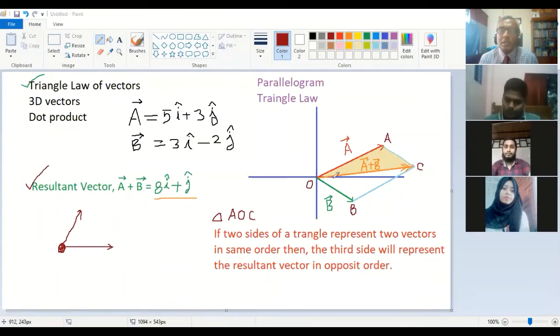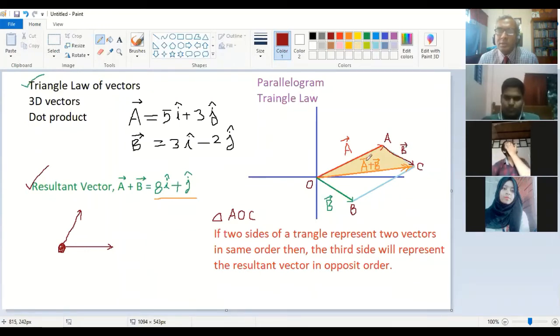I am saying OA is one side and AC is the other side. How is AC the other side? Because it is from O to A point and then A to C point. So isn't it the same B vector? The AC line is also the same B vector.